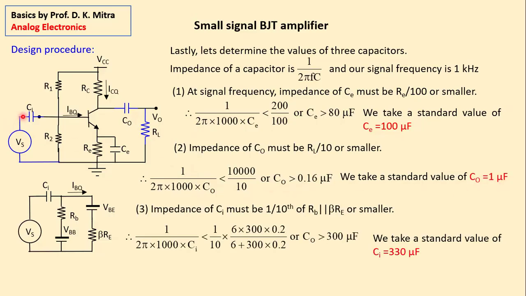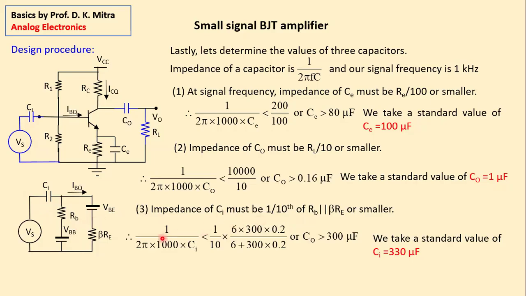Of CI, the input coupling capacitor should be 1/10 or less of RB in parallel with beta RE, because this signal current is facing a parallel impedance of RB and beta RE, right? Because AC sources are short circuit for the signal frequency.